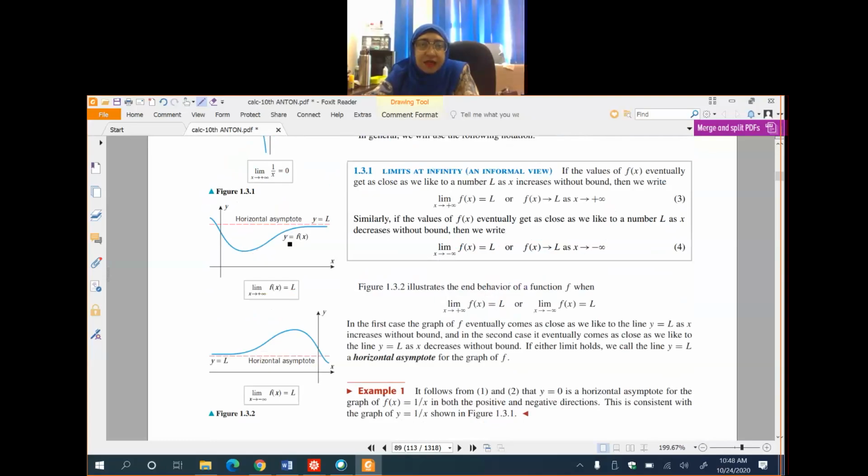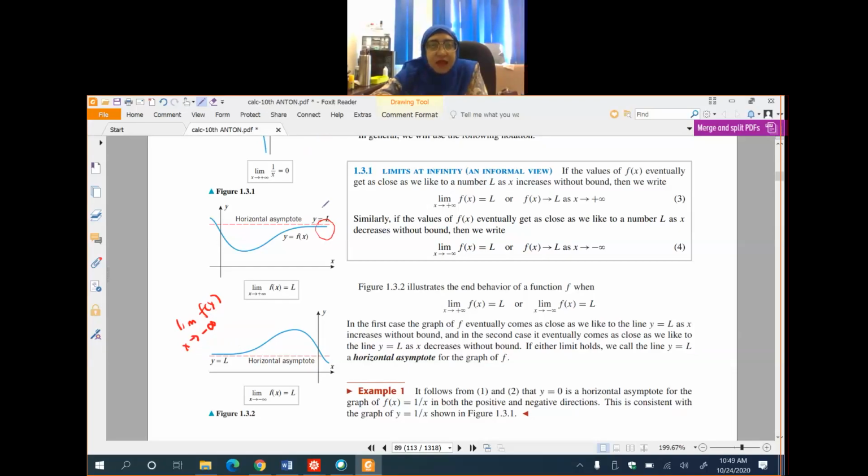And here as well we have functions. If you look closely around here, with x approaching infinity, somehow the function is getting closer to a line, and this line is called the horizontal asymptote. And this one as well: the limit of f(x) as x approaches negative infinity is this side here.